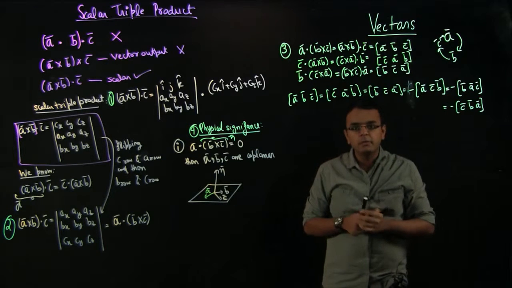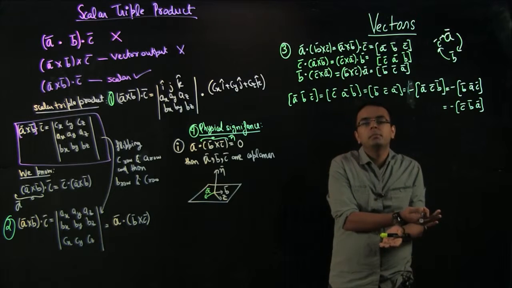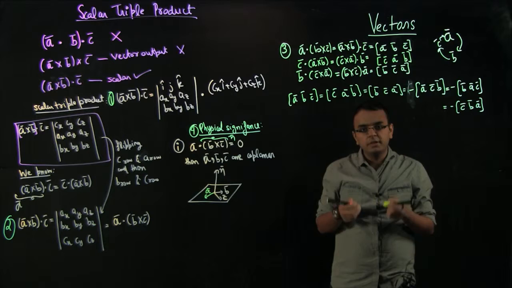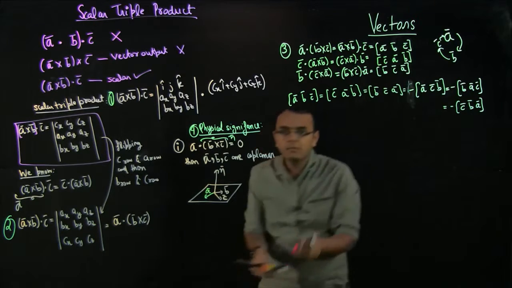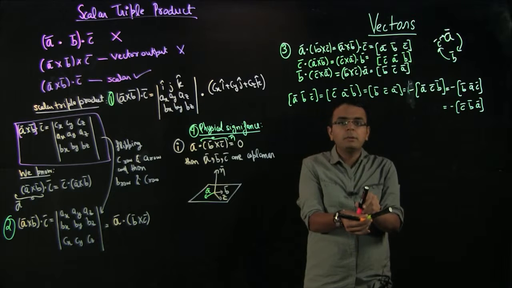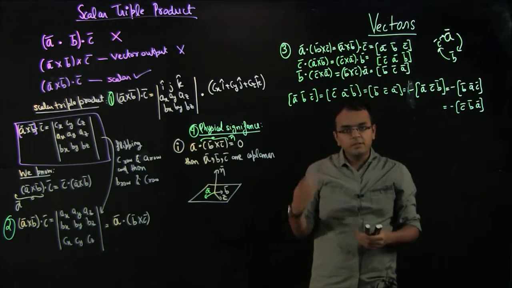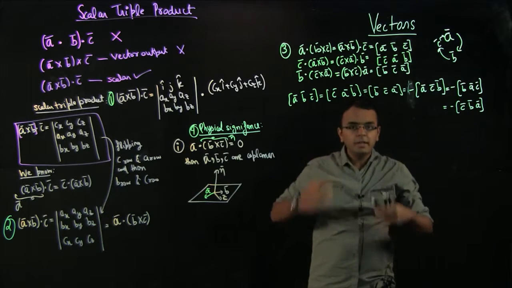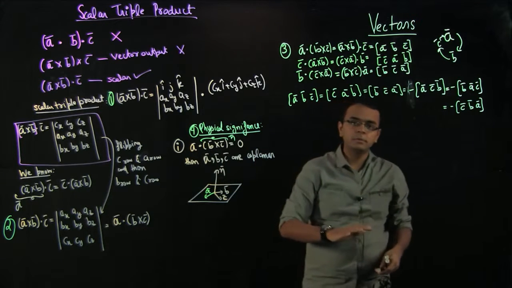And what does coplanar mean? Coplanar means that if there are three vectors, you can pass a plane through them. Two vectors you can always pass a plane through, but if there are three vectors, let's say two vectors like this and one vector like this, you cannot pass a plane through them. Only two vectors you can always pass a plane, but with three vectors, you cannot always pass a plane through them. And when can you pass a plane through them? Whenever A dot B cross C is 0, or the scalar triple product is 0.